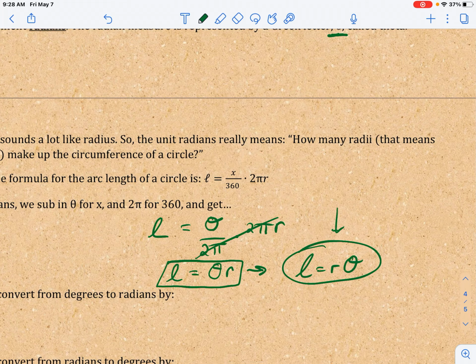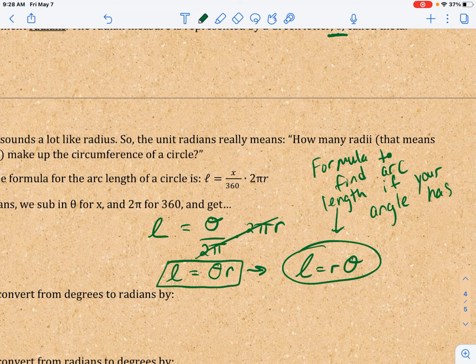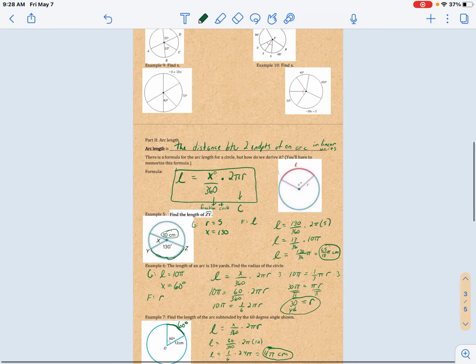So this is the formula to find arc length if your angle has pi in it, or radians. If they tell you it's in radians, you can use that one too.